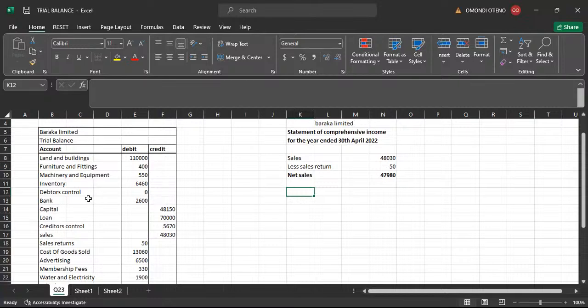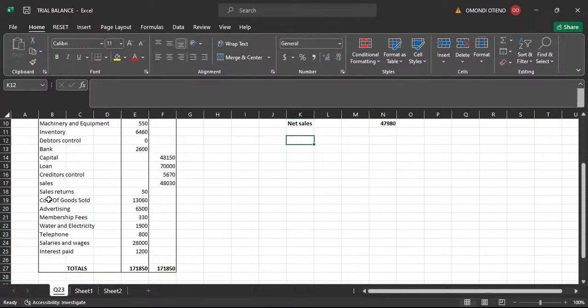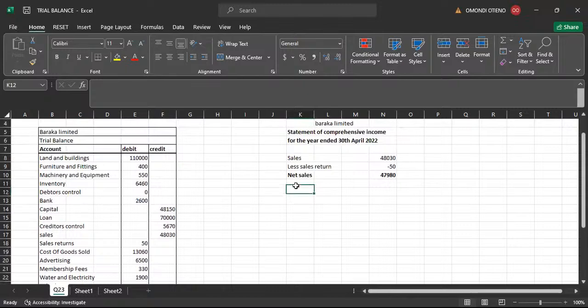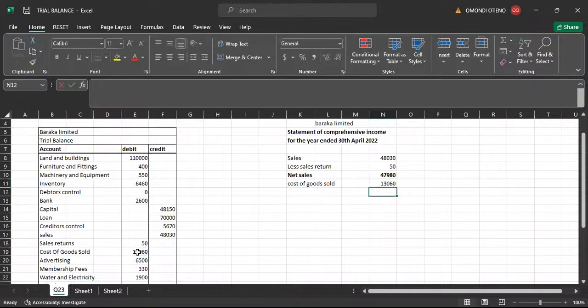But in this particular question, all that was done. The only thing we are given here is the cost of goods sold. So let's bring our cost of goods sold. We are able to see it is equivalent to this. But because we are going to less it for us to get a gross profit, you can just have it here or indicate a negative against it.